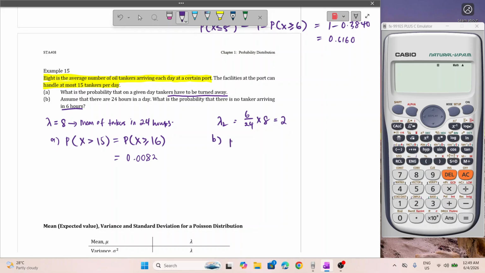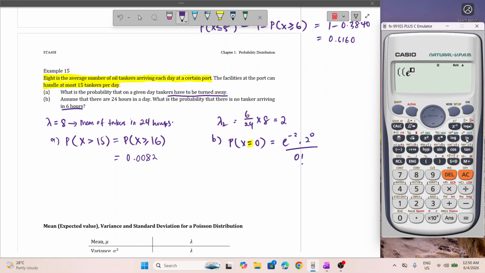So you want to find what is the probability that there are no tankers. No tankers, X is equal to 0. Then you can use the formula: e to the power of negative 2 times 2 to the power of x over x factorial. What is x? X is 0, over 0 factorial. So let's do the calculation.